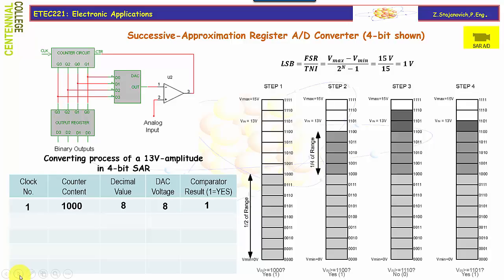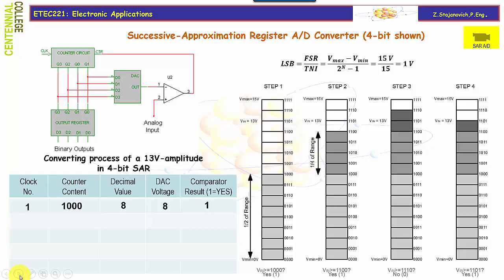That means our sample amplitude is higher than the offered half of the range, which is 8 volts. After the first clock, the control circuit can conclude that the analog amplitude is higher than half of the range, so it must be somewhere in the upper half of values. In hunting terminology, we would say that the SAR undershoots the target value, and we have to add more voltage to the DAC output.